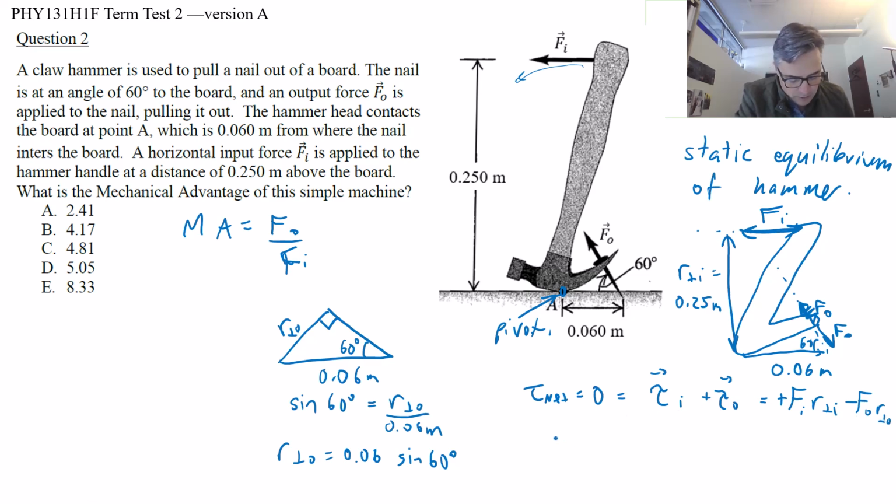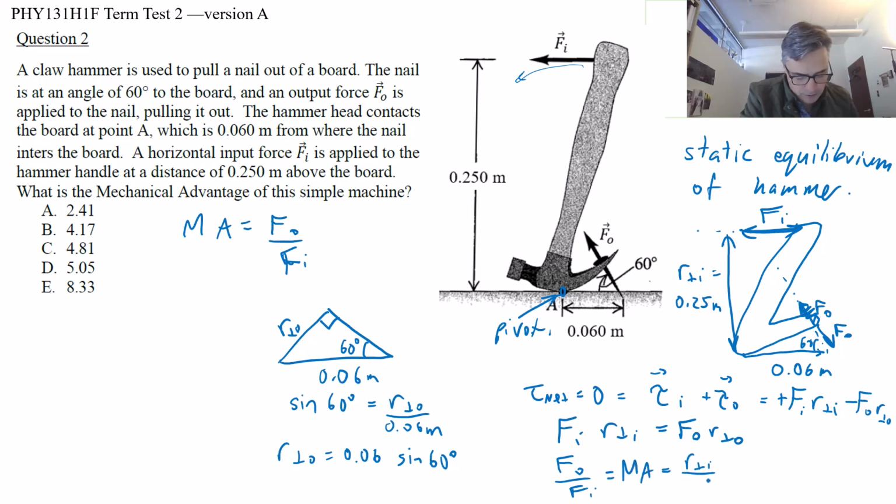So you get the same magnitudes: Fi R perpendicular I equals Fo R perpendicular O, and Fo over Fi, which is the mechanical advantage, is equal to R perpendicular input divided by R perpendicular output.